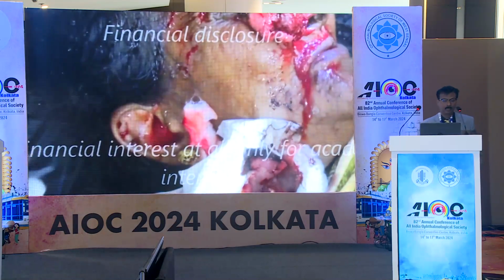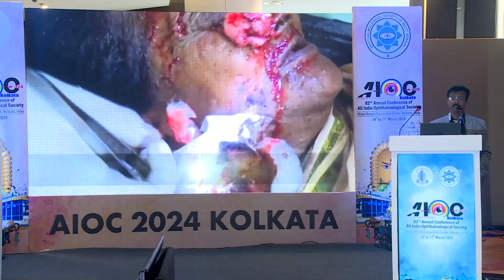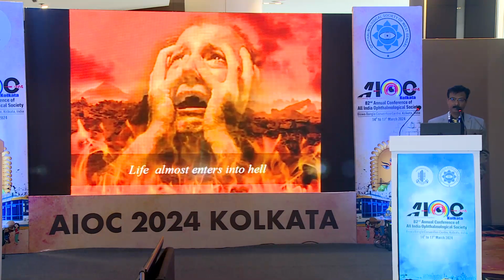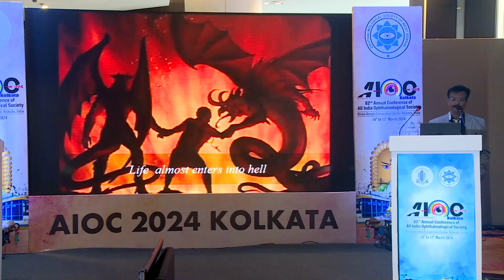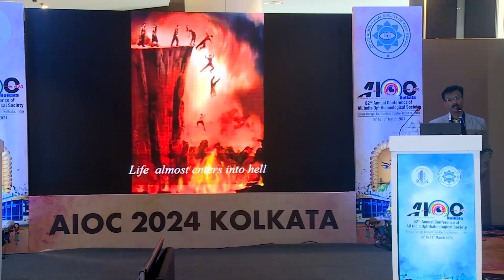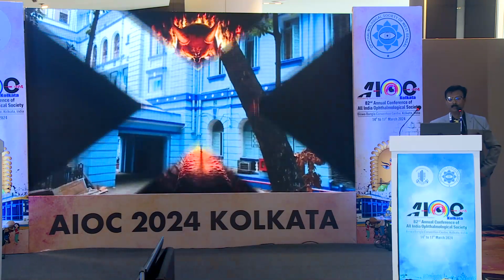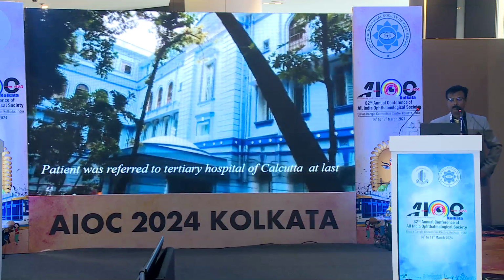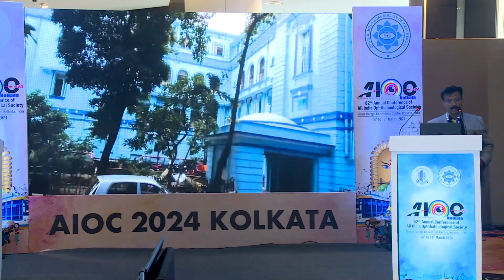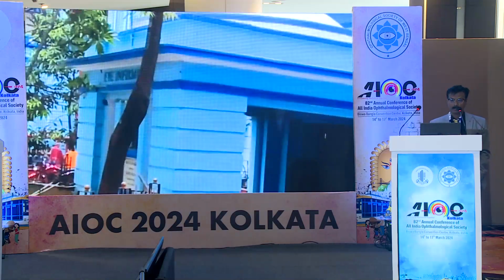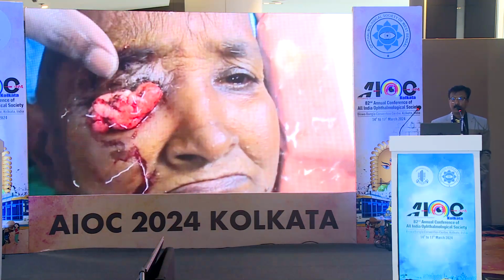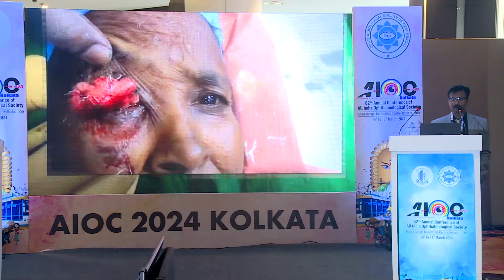No problem. Our resident was working very hard for this patient. Now we start reconstruction. The patient's wound is healthy. From Regional Institute of Ophthalmology, Calcutta. Large upper eyelid tumor.